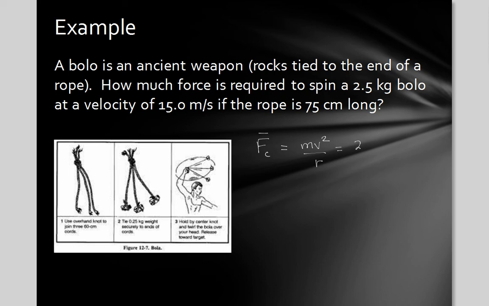So 2.5 kilograms multiplied by 15 meters per second, but the whole quantity is squared, divided by the radius. And I noticed yesterday in your homework that some of you were forgetting to convert the centimeters, so that would be 0.75 meters.